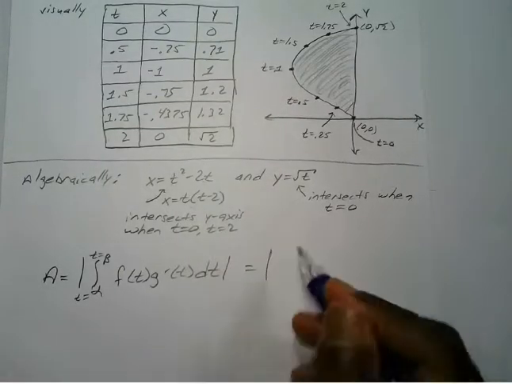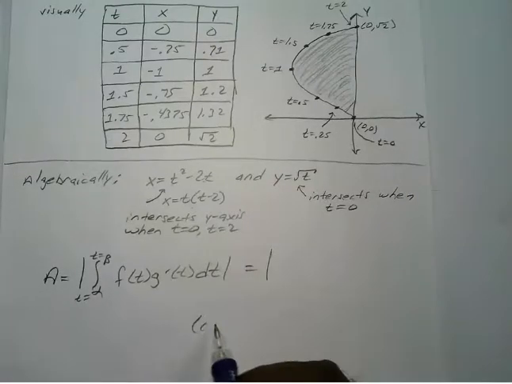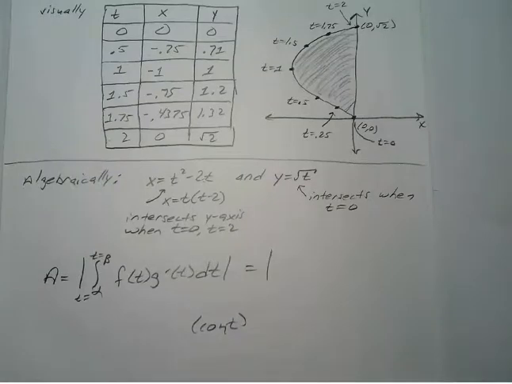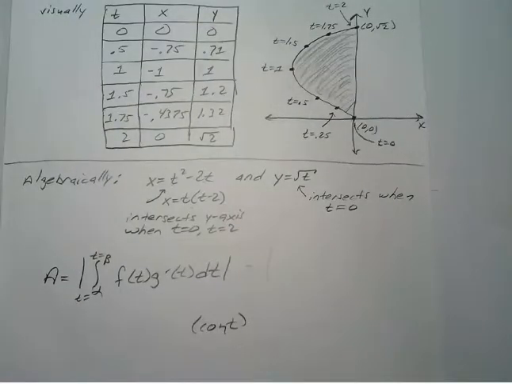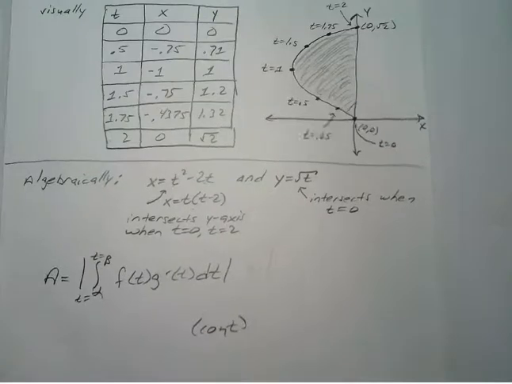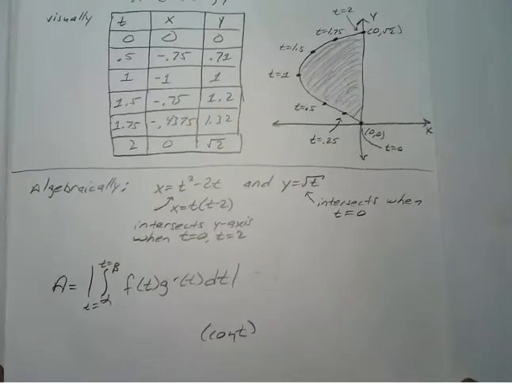Which means we have our f of t. Actually, let me put that on the next page because I'm running out of space here. I don't want to start cramming stuff on here. So if you are still writing, feel free to press pause, but we're going to finish this up on the next page.